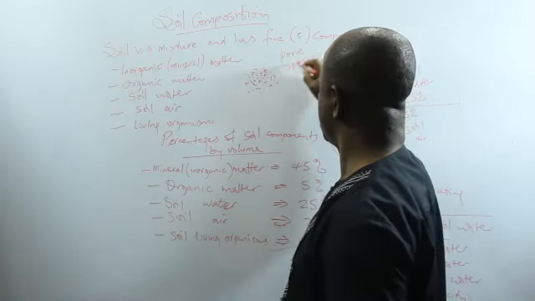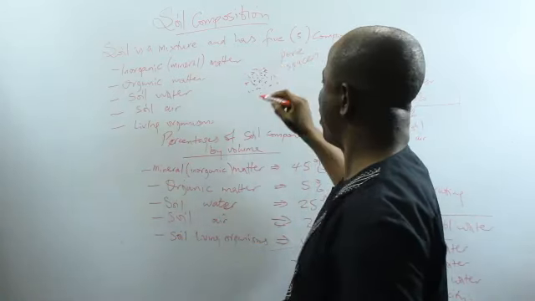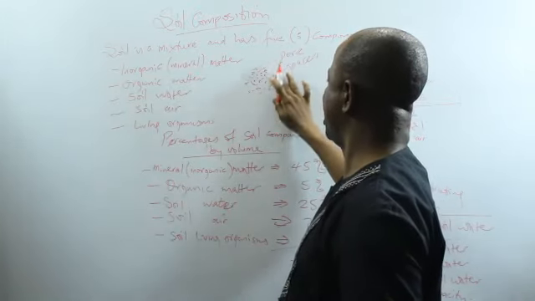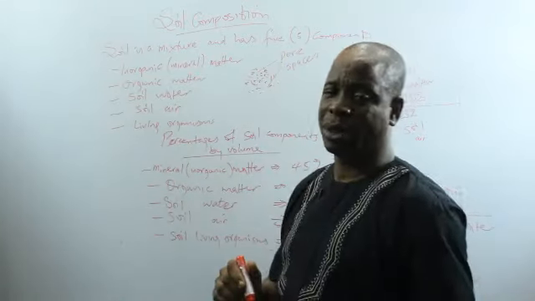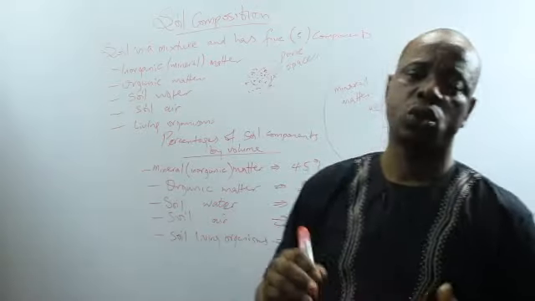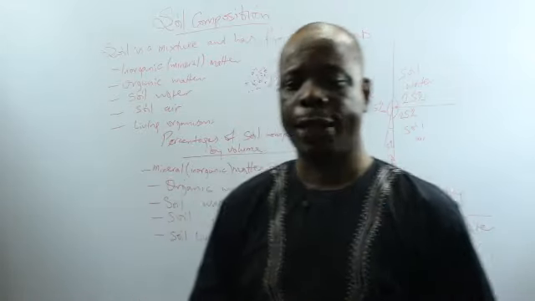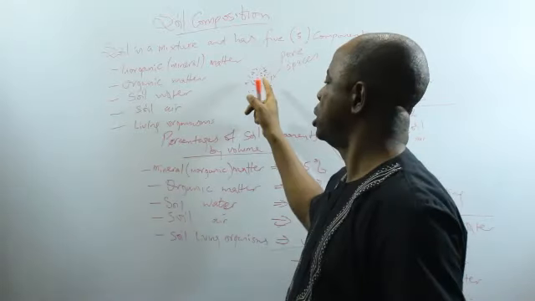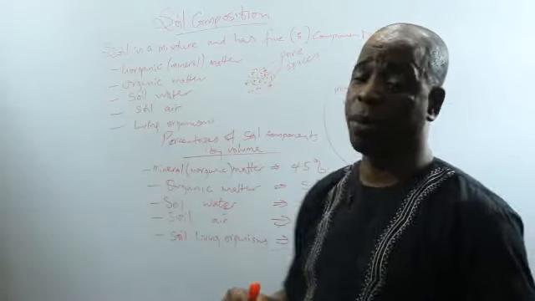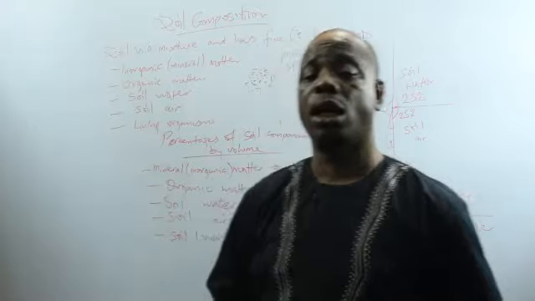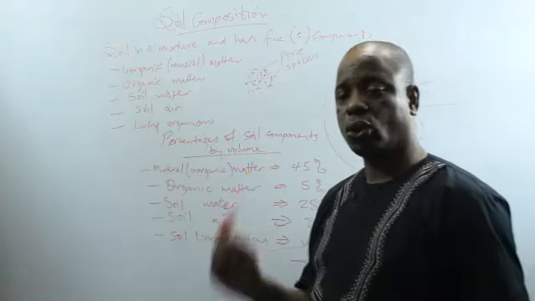These pore spaces can either be occupied by air or occupied by water. When it's occupied by water, it's called soil water. When it's occupied by air, it's called soil air. Now, this water sometimes might not be visible, but it is inside the soil. So that water is called soil water.